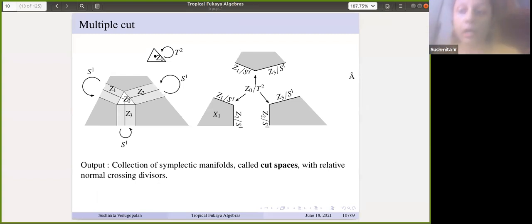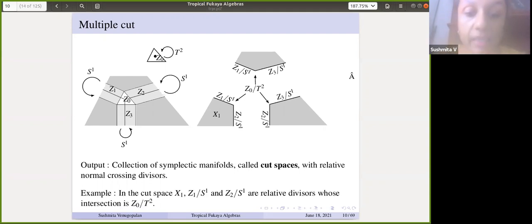The output of this cut operation is called cut spaces. They also have relative divisors as before, but in this case, the relative divisors have normal crossings. So for example, in the piece X1, Z1 mod S1 and Z2 mod S1 are relative divisors, and they have an intersection, which is Z0 mod T2. Questions so far about the setup?